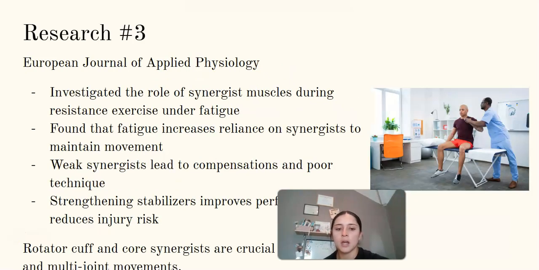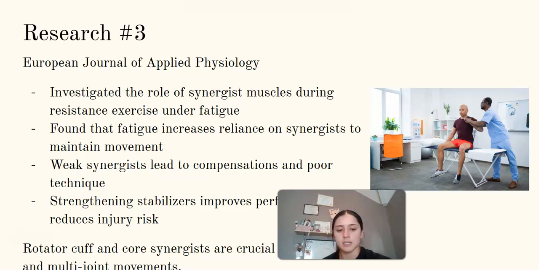And then in our third research study, it looked at how the synergist muscles contribute during resistance exercise, especially under fatigue. The body relies more heavily on the synergist to maintain movement during fatigue, and this then weakens the synergist system, and compensation starts to occur.